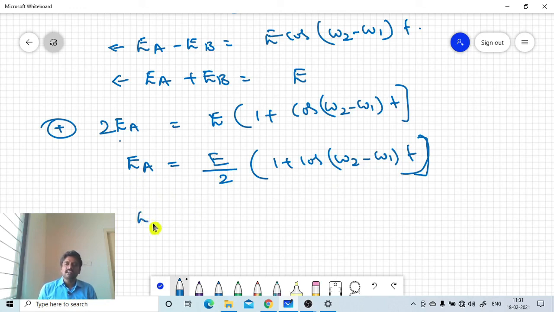In the similar manner, Eb also we will get, by doing the subtraction of these two equations. If we take the subtraction, we get the minus term.